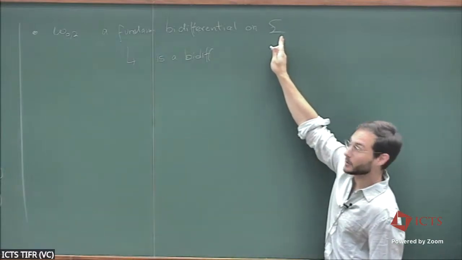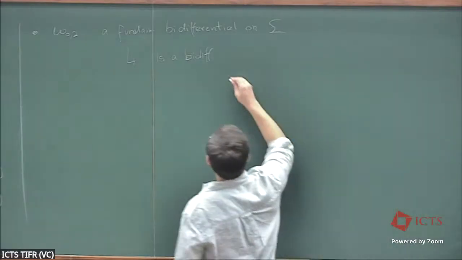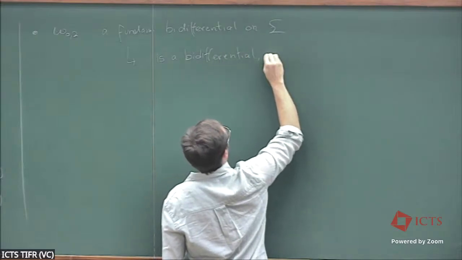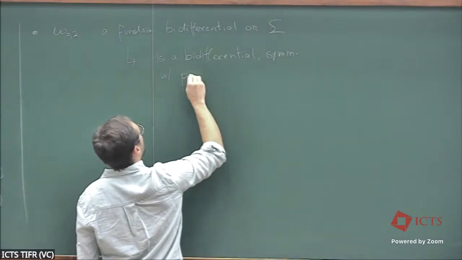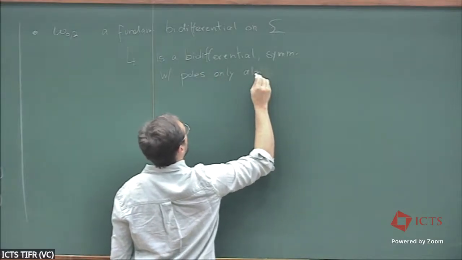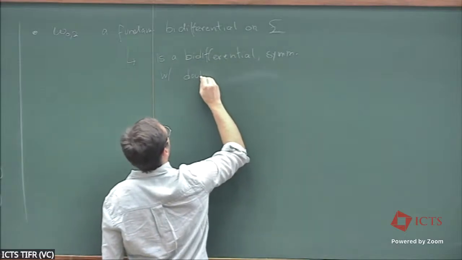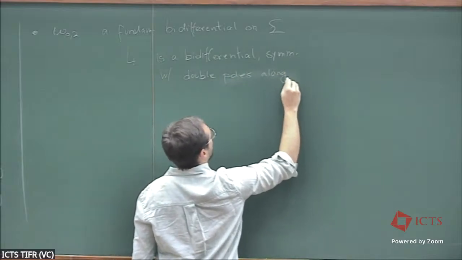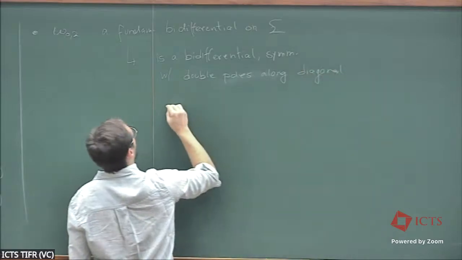It's a meromorphic section of the canonical bundle squared on sigma squared, that is symmetric, with poles only along the diagonal, sorry, with double poles along the diagonal, and with biresidue 1.